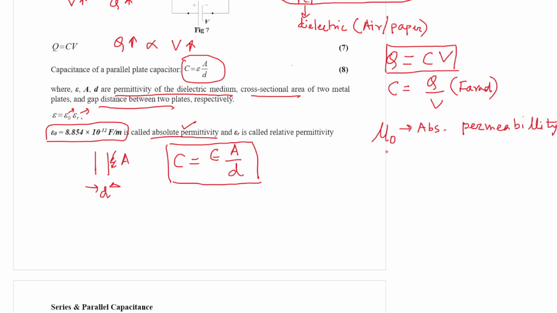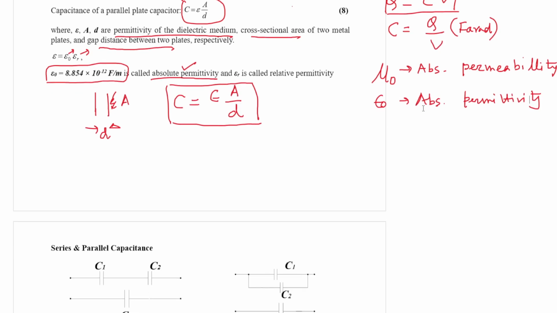Now in case of a capacitor, we are seeing absolute permittivity. And epsilon r is called relative permittivity. It depends from medium to medium. It is 1 for air and has some finite value for other dielectric mediums.